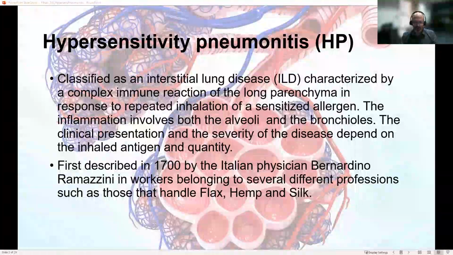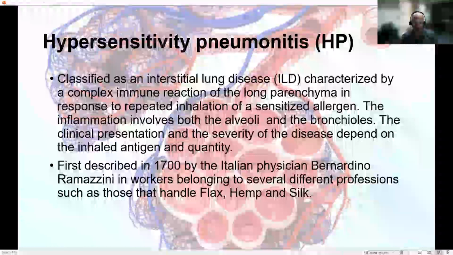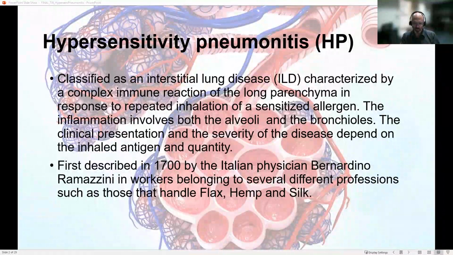With farmers, it's going to be more seasonal. There's a study out of Scandinavia that showed it more at the end of the winter season, when the hay has had more time to ferment, if that's the correct word. It had more fungal growth at that time.